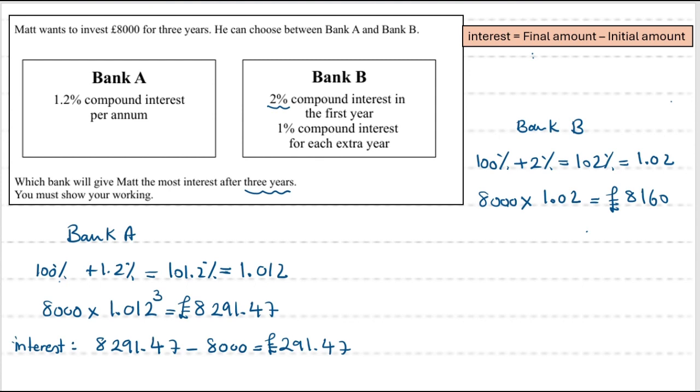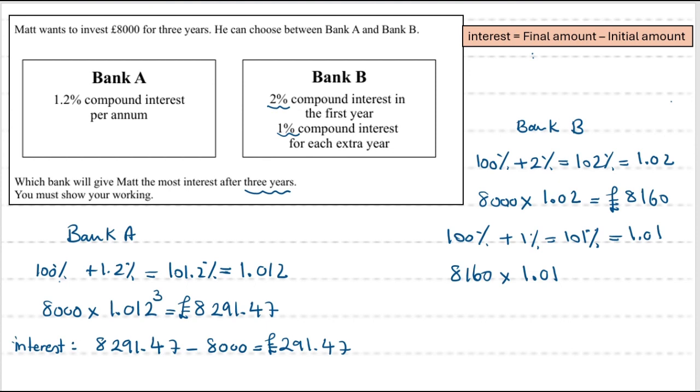So at the start of the second year, again, we start off at 100%, and we add the interest rate, which is 1%. That gives us 101%, and in decimal that becomes 1.01. So we mentioned that the initial amount at the start of the second year is 8,160, and then we times it by the multiplier 1.01 raised to the power of number of years.